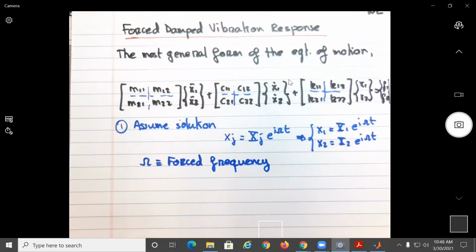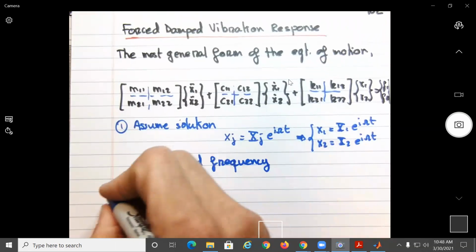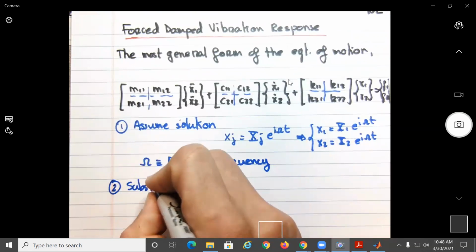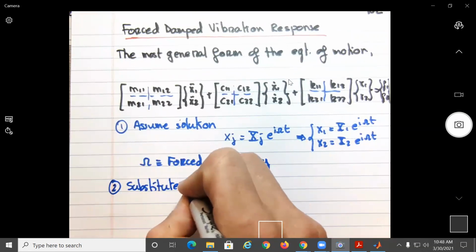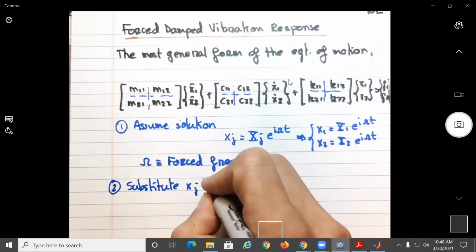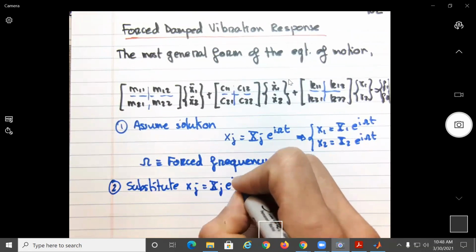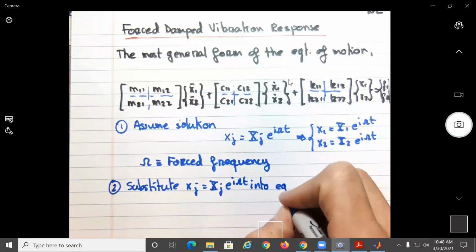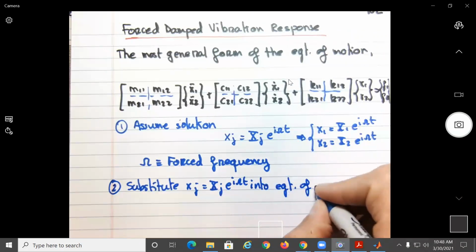Okay, what is the second step on the procedure? You substitute the assumed solution into equation of motion. All the time the same thing.